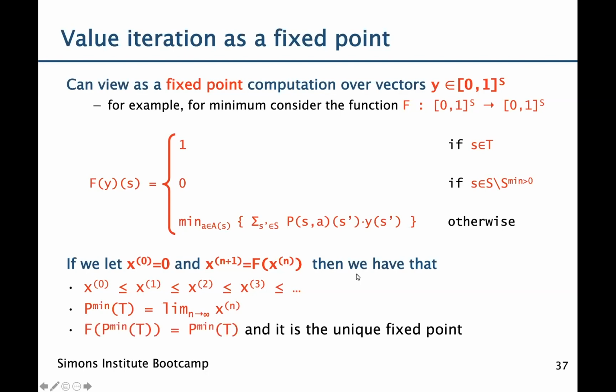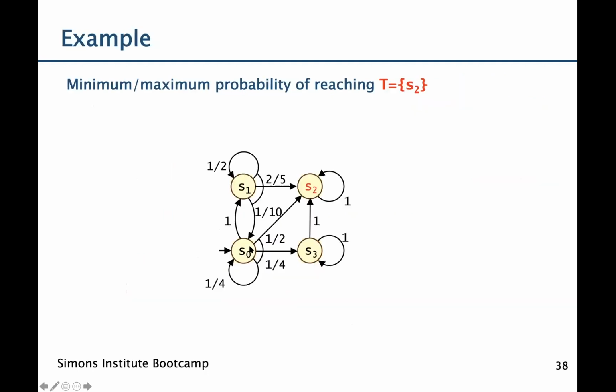And this is actually the unique fixed point of this function. The case for maximum is the same. All that we change here is that this changes to max, and we take a maximum over the available actions.